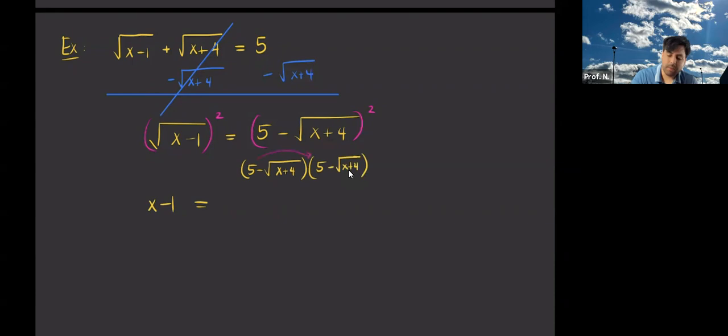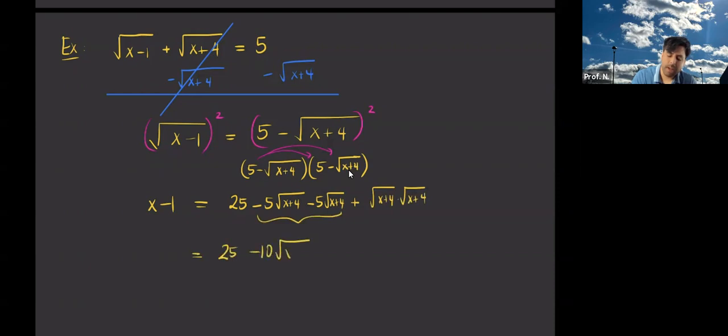We multiply this, right? 5 times 5, and I get 25. And I get minus 5 rad x plus 4 minus 5 rad x plus 4. That's foiling, right? We're foiling. And then we do plus the square root of x plus 4 multiplied by the square root of x plus 4. And of course, this combines, and I get 25 minus 10 rad x plus 4.